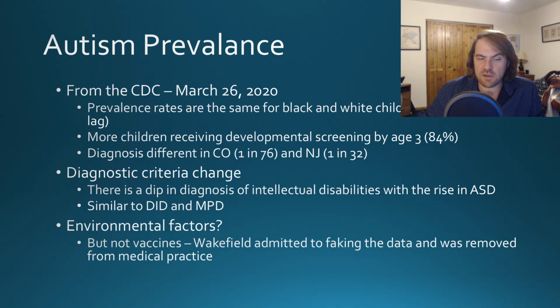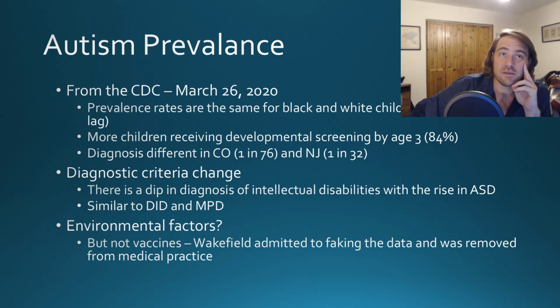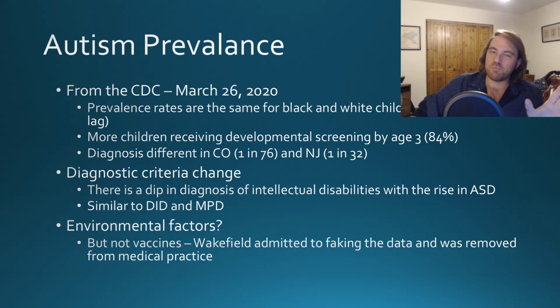Another possibility is there are certain diseases that a mother can contract during certain times of pregnancy that can be related to autism. I will post a note in this video and on Canvas, but I think it's just the flu in the third trimester.